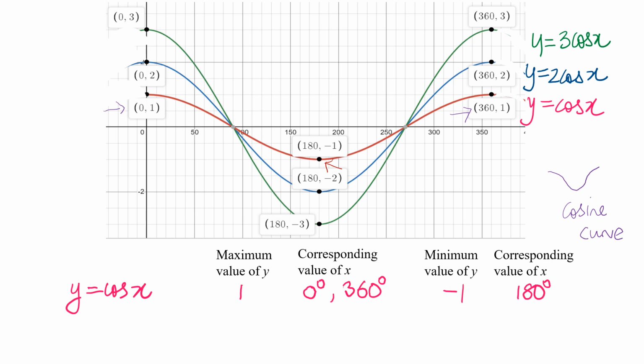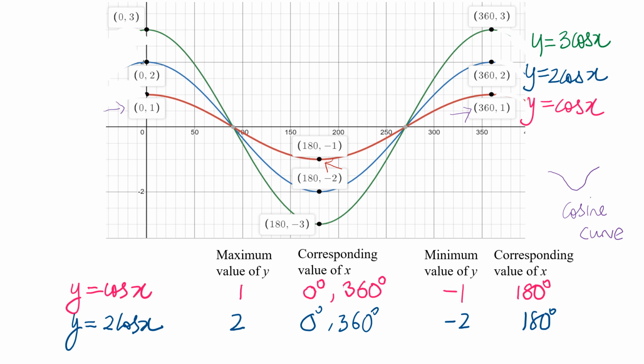So let's look at the second curve, which is y equals to 2 cos x. Right, and we can see that the maximum value of y is 2, which is the same as, if you were to recall, when we do sine functions, the coefficient of your sine x will give you the maximum and the minimum value, right?